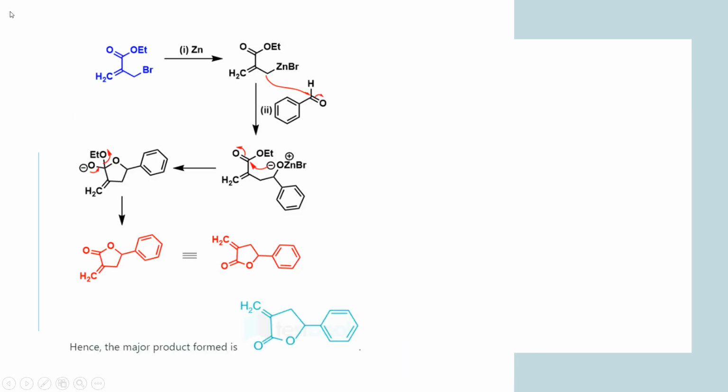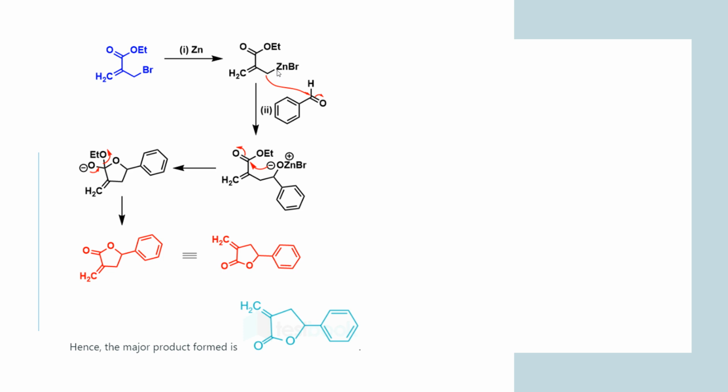Okay, so what happens when we add zinc to this bromoester? You get this zinc bromide intermediate, which is kind of similar to a Grignard reagent. Okay, what happens in that case? You get magnesium bromide as the counter cation, and in this particular case you get carbon zinc bond formation.